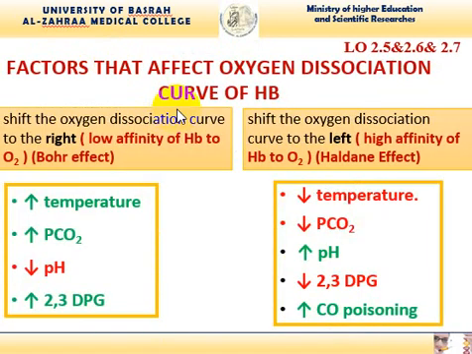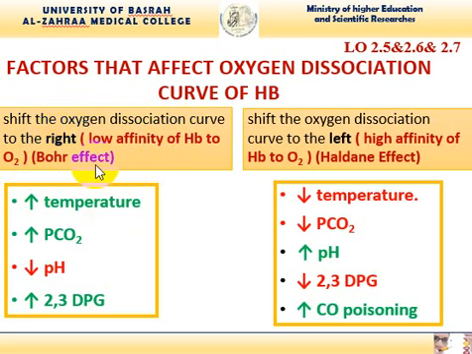There are certain factors affecting the oxygen dissociation curve of hemoglobin. First of all, a shift of the oxygen dissociation curve to the right means that hemoglobin has low affinity to oxygen, and this effect is known as the Bohr effect.